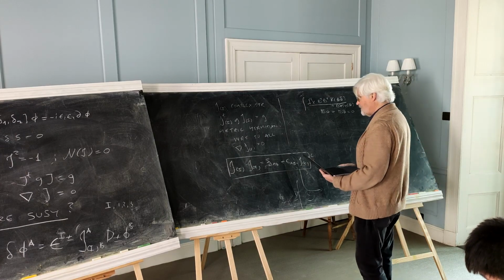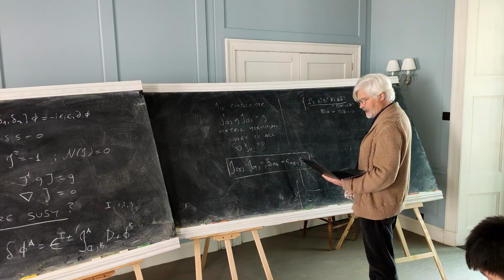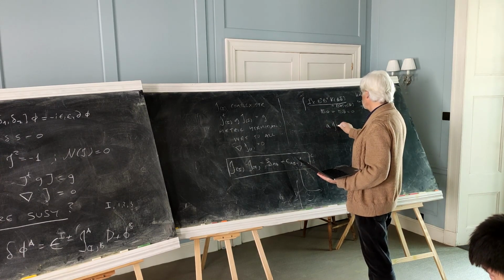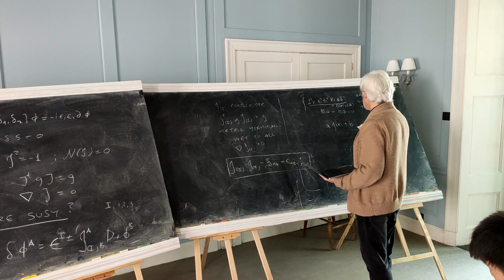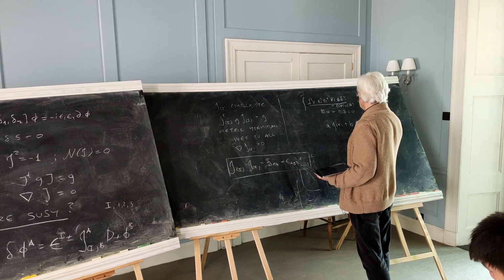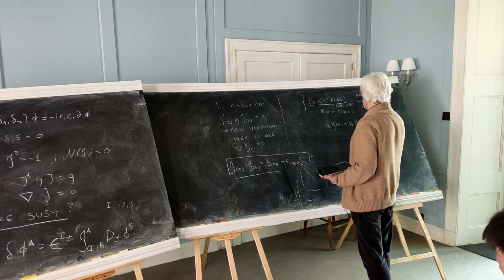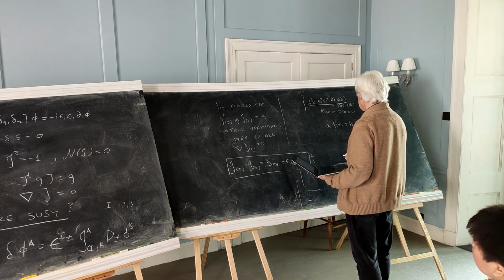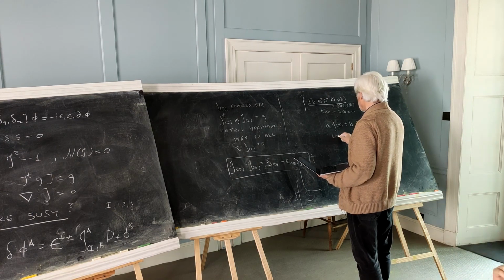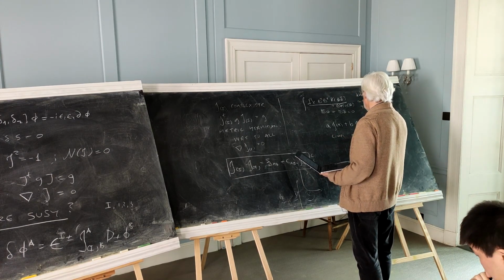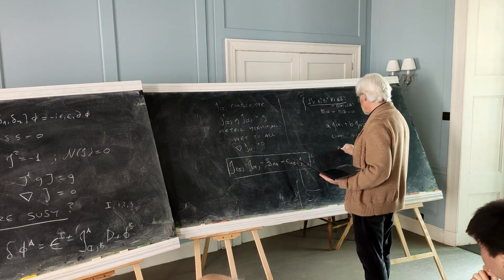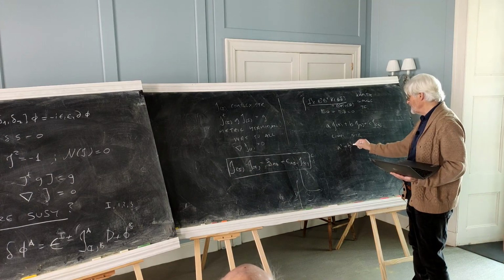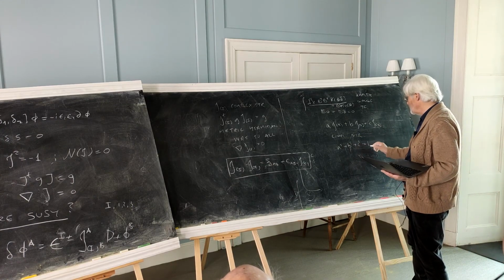Because this is not the full story, it turns out that if you take a linear combination of these, then this is again a complex structure, provided that A squared plus B squared plus C squared is 1.